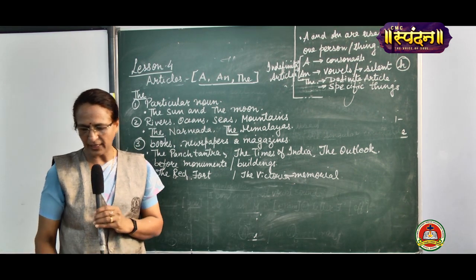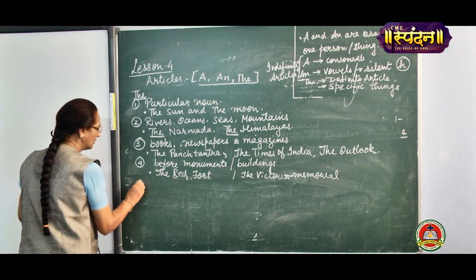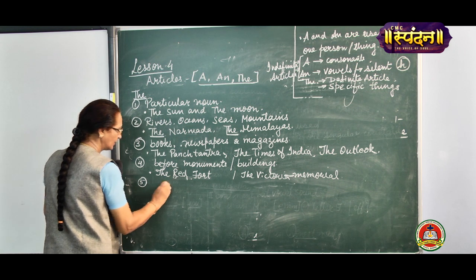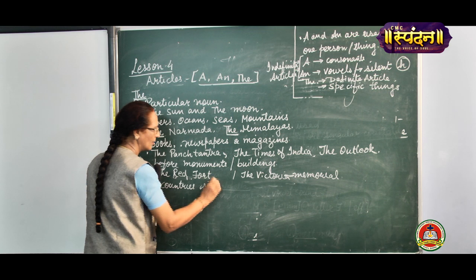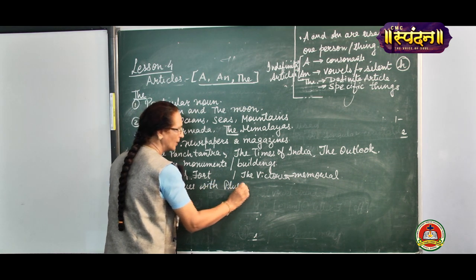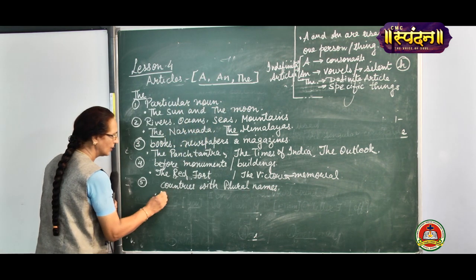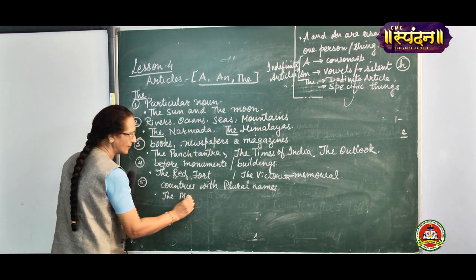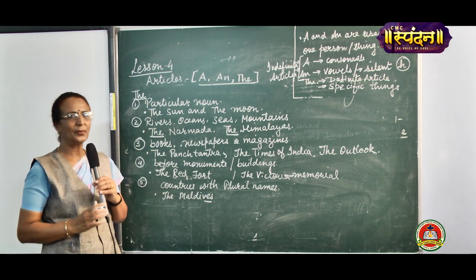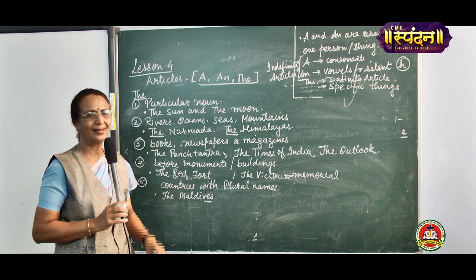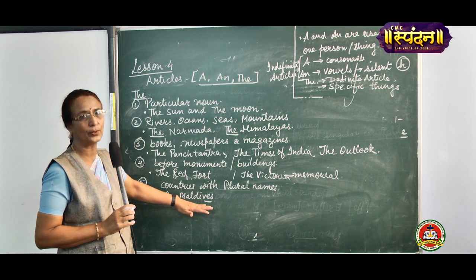Then we use the before the names of countries with plural names. The is also used before countries with plural names, like the Maldives, as it is ending with S. So we feel it is something plural.